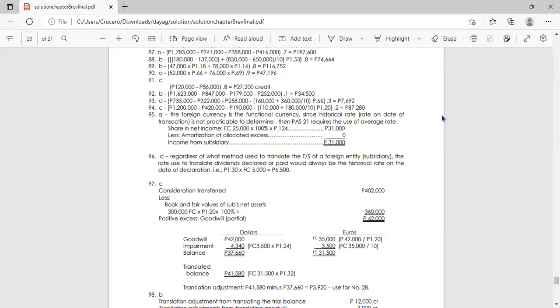Okay, what's the requirement in number 90? What's the total peso amount of change in the investment in subsidiary account with respect to dividends?